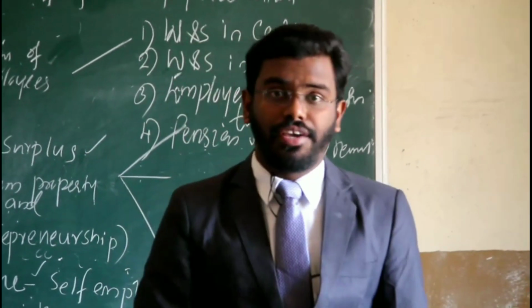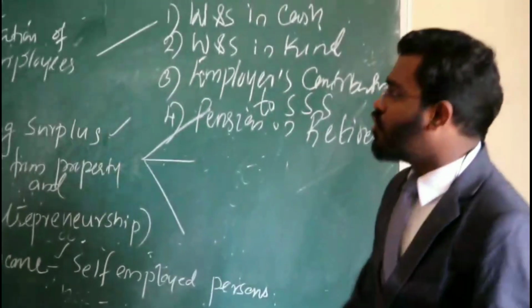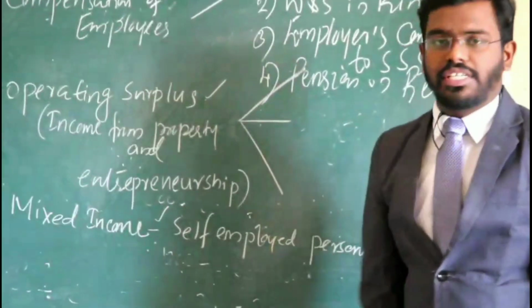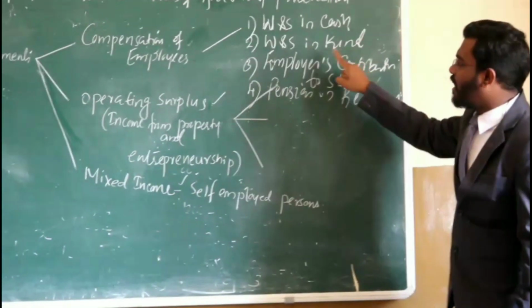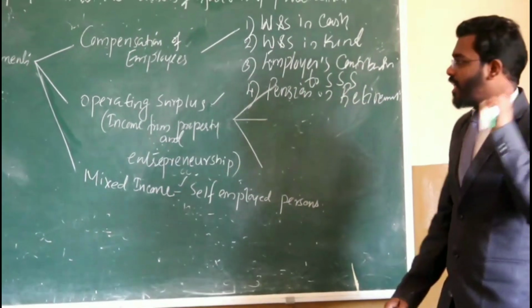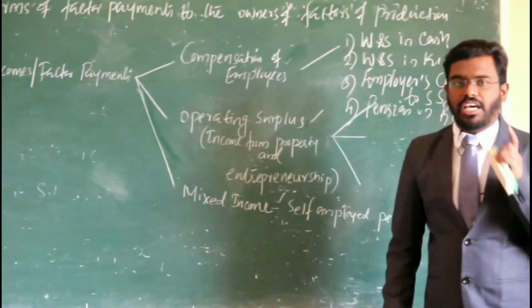It is unearned income. But pension on retirement we will consider. So these are the four components of compensation of employees: wages and salaries in cash, wages and salaries in kind, employers' contribution to social security schemes, and pension on retirement. And the second element of factor income is operating surplus.